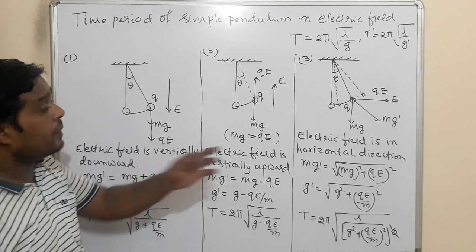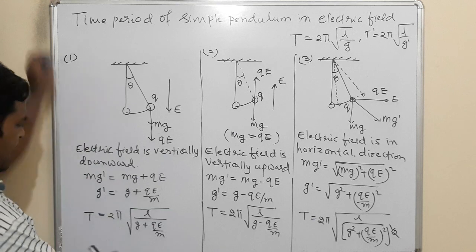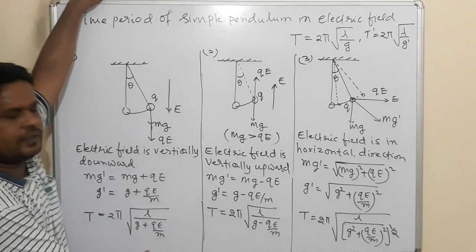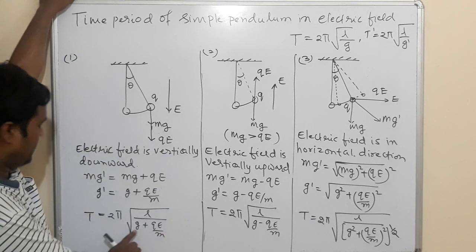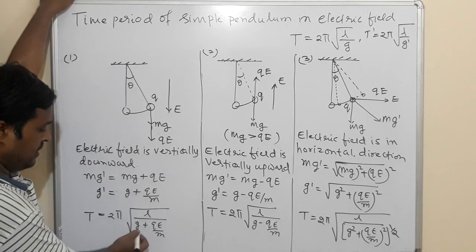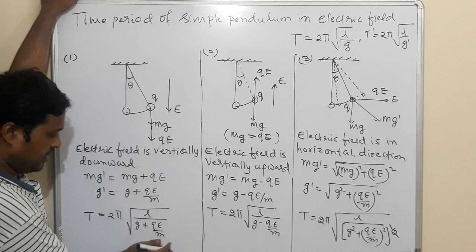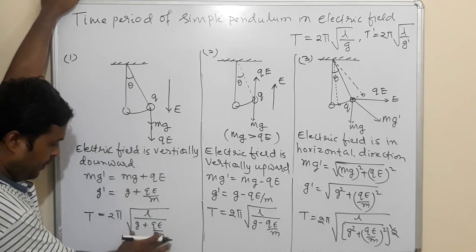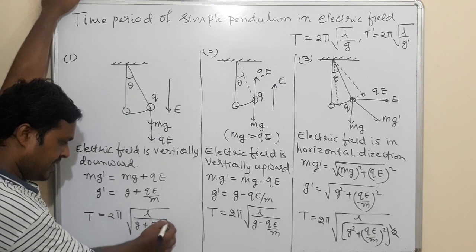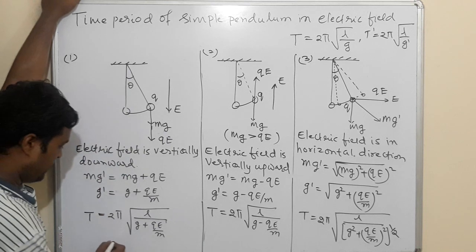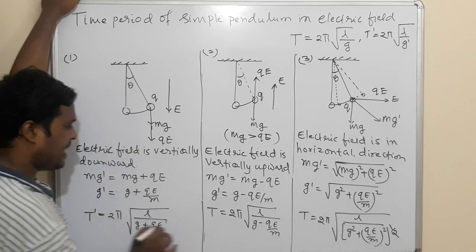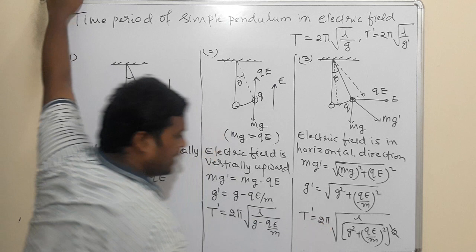And the time period depends on what? See, in this case is the time period increased or decreased? In this case, see, this is the denominator quantity. Is this denominator quantity increased or decreased? It is g plus something, that means it is increased. This is increased means the time period is decreased. That means this is T dash, this is T dash, this is T dash.